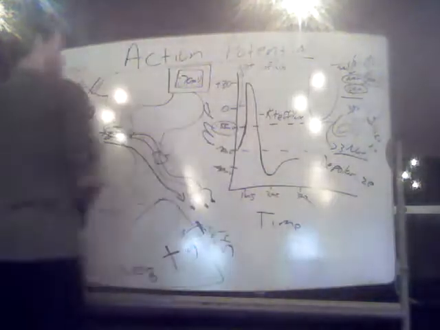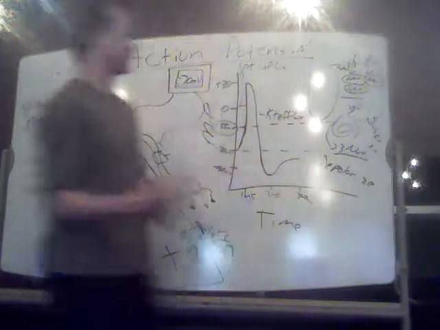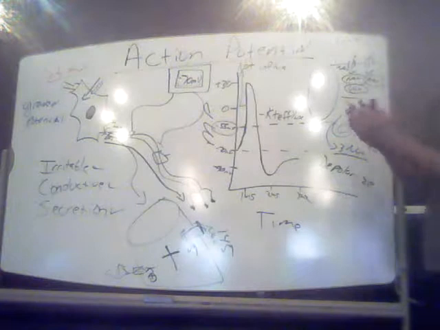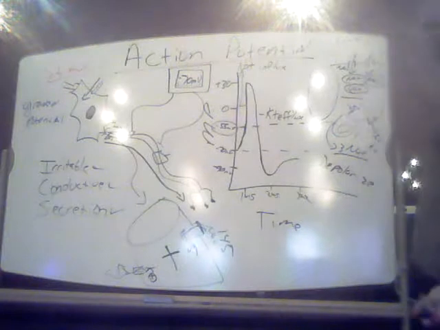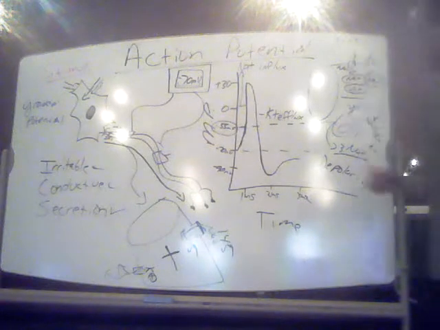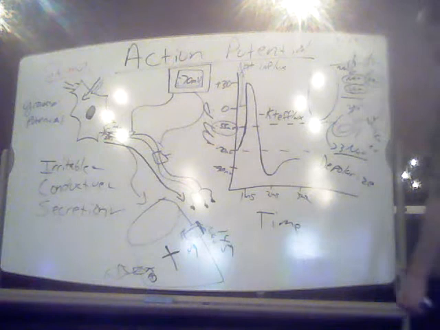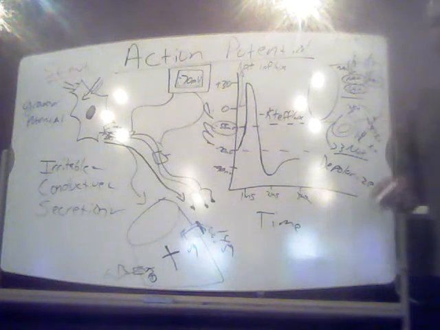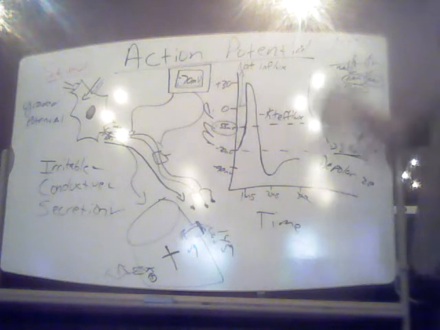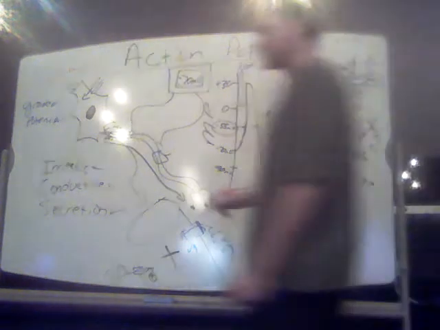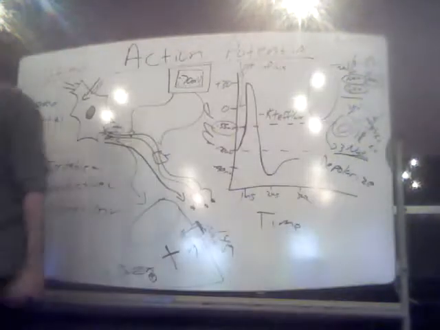So there's still going to be a lot of sodium in the extracellular fluid because, since these gates don't stay open for very long, not all the sodium is going to come in. That's why this is considered active transport. The sodium-potassium pump is actively pumping sodium out against the concentration gradient and actively pumping potassium back in against the concentration gradient.